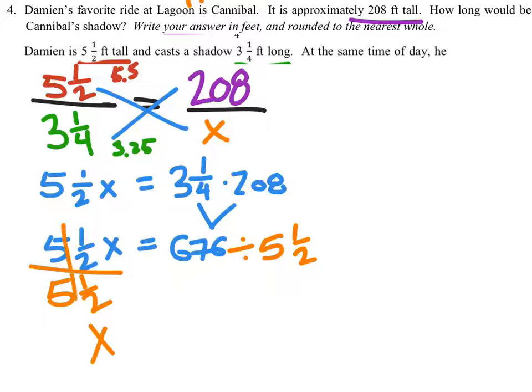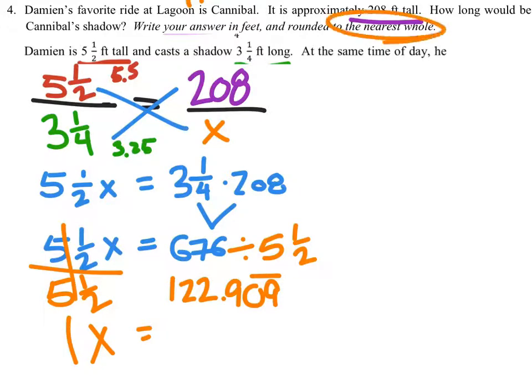And that gives me x, or 1x, equals 676 divided by 5.5. In my calculator, it gives me 122.90. Looks like that repeats, and you could show it this way. But it did say up here to round to the nearest whole number, so this 9 is going to add 1 to the 2 and make that a 123 foot shadow.